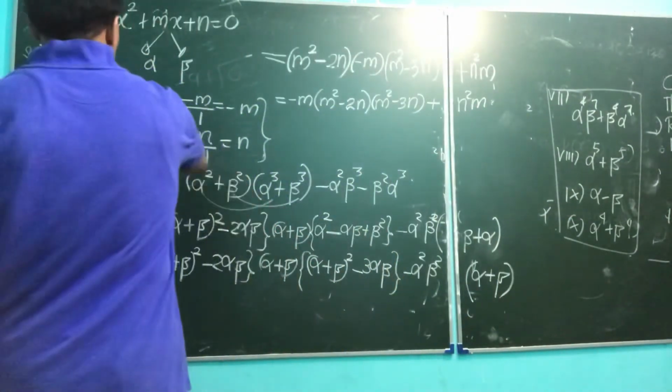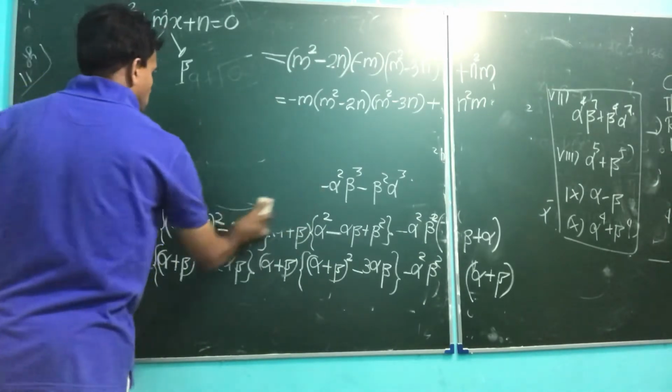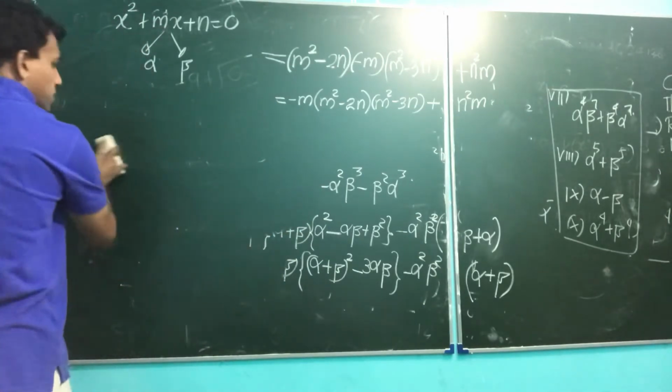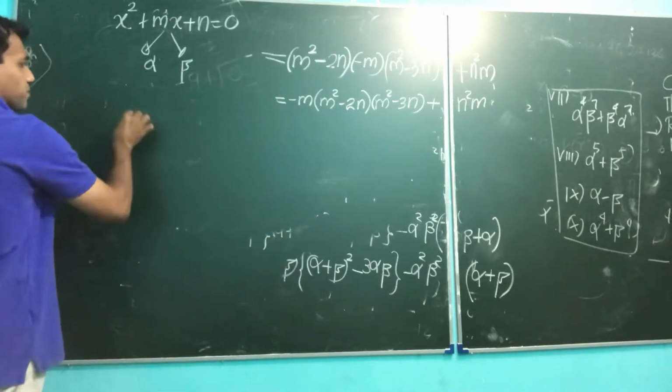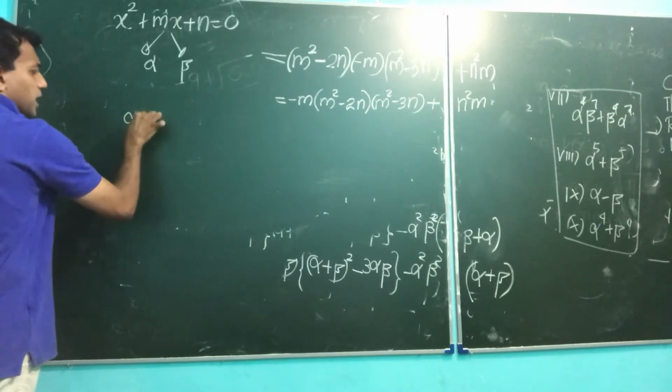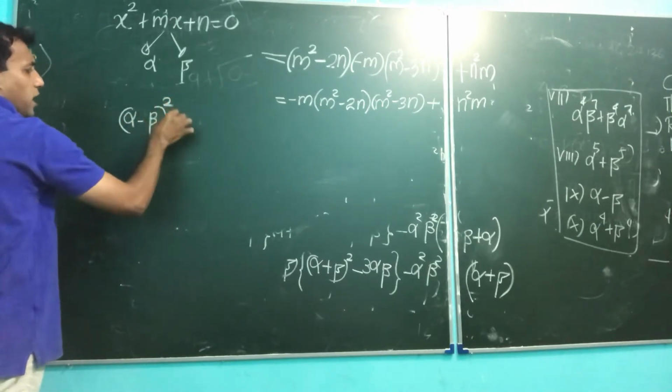So once you learn this, hereafter it's simple. Alpha minus beta, find the value. In this case, you take alpha minus beta, all things square.